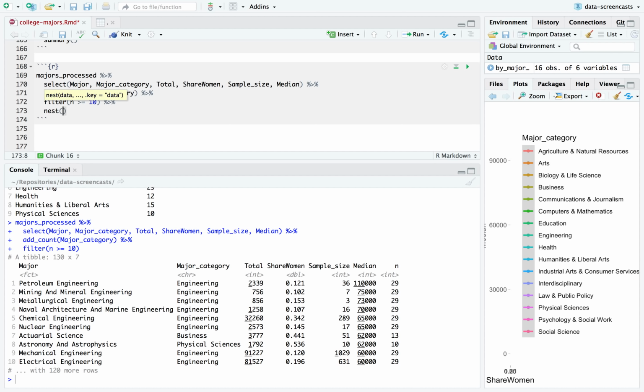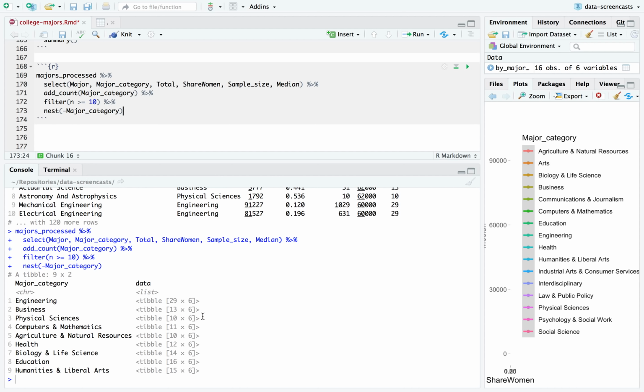I'm going to nest everything besides major category. Now every one of them is a nested data frame. You can take a great new course by Dima Gorenstein on DataCamp called Machine Learning in the Tidyverse to learn how to do all these steps, or read the Managing Many Models chapter of R for Data Science, which also shows how to do this.